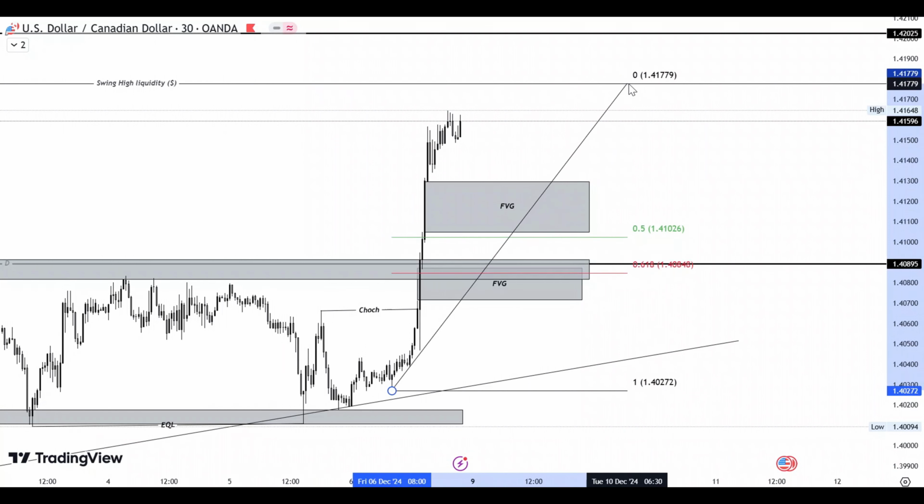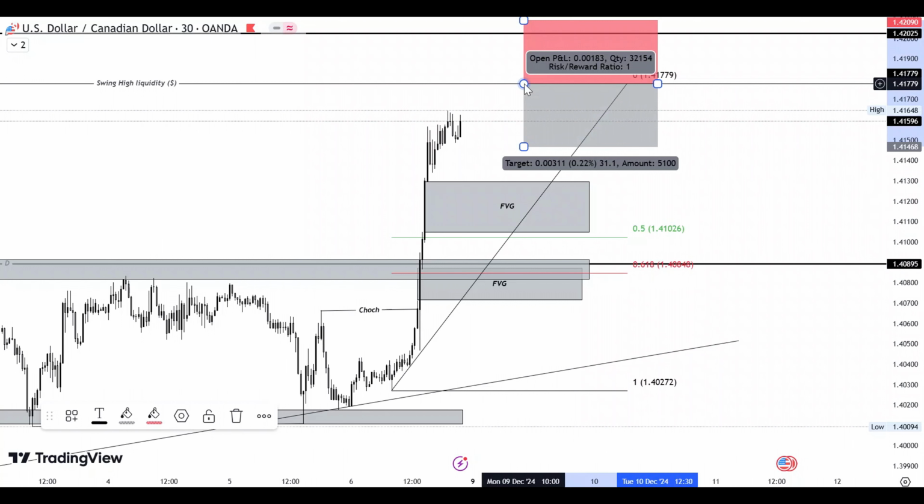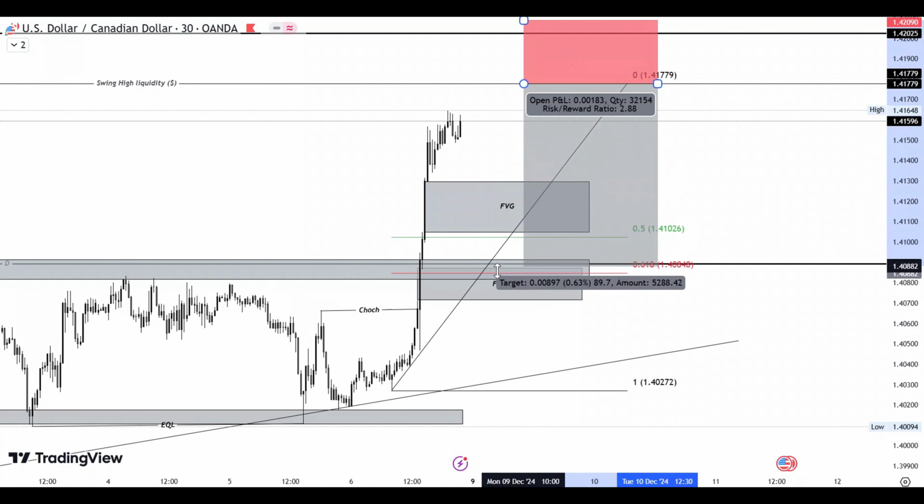So that's why I'm trading this double top. I'm going to take a sell position from here. If the market gives me any kind of candlestick confirmation like the bearish engulfing, take a sell position from here.